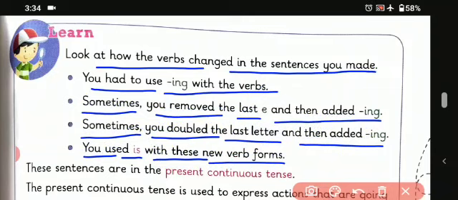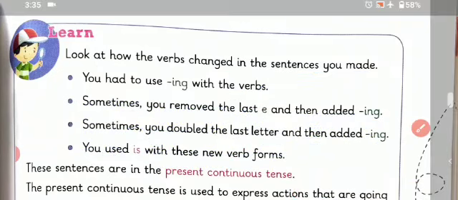Like sitting, S-I-T-T-I-N-G, that is sitting. And when we are using only ing, that means walking, W-A-L-K-I-N-G. We have added ing. Okay, so this is how we have used these verbs, and we have made the sentences also.